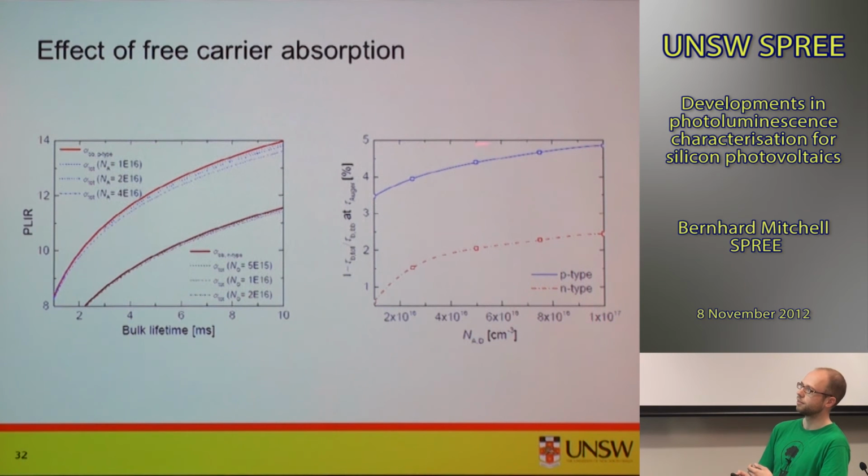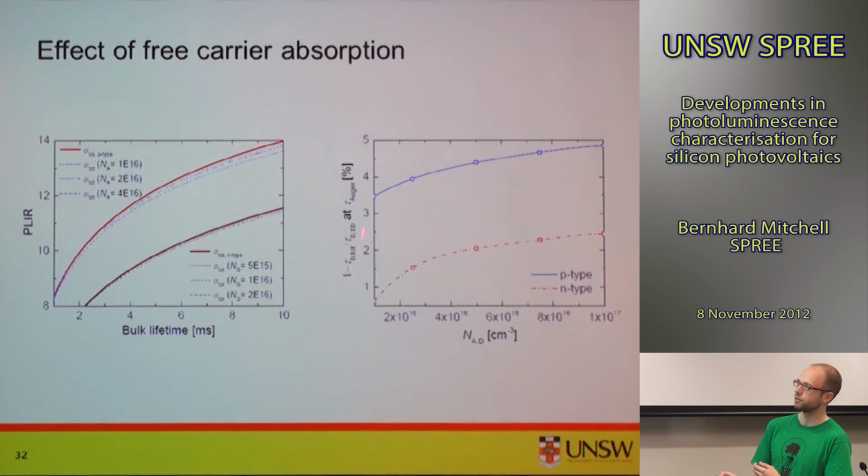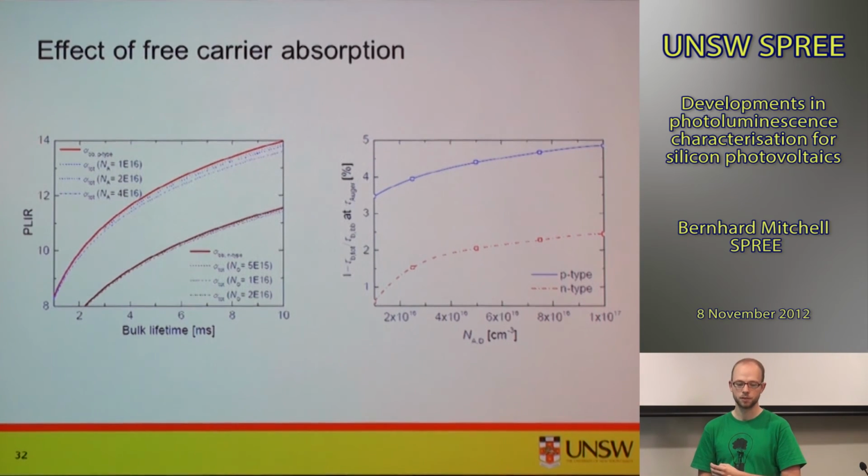We can see that the maximum impact is always below 5%, but we know that we usually don't have very high background dopings up to 1e17, so it's happening more down here, so we can actually say that there's usually not an impact of free carrier absorption on these measurements.